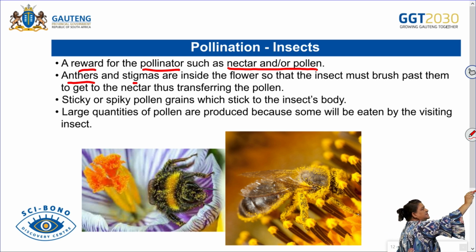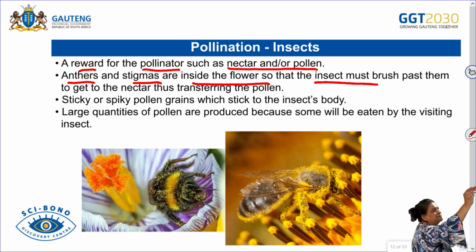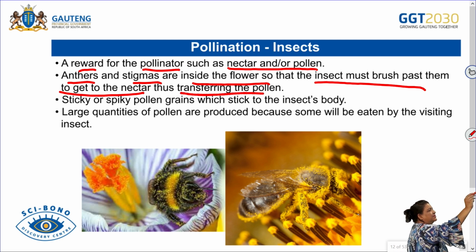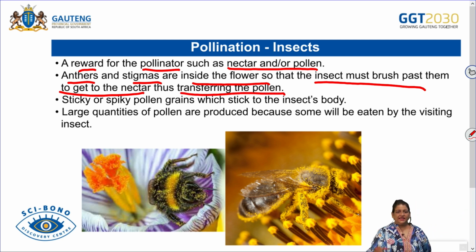The anthers and the stigma are inside the flower, so that the insect must brush past them to get to the nectar, transferring the pollen. So as the insect enters the flower, it shakes the little thin filament. Remember, the filament of the androecium, of the stamen, is so thin that for a small insect, one little shake, and the pollen is dusted off the anther onto the back of that bee.